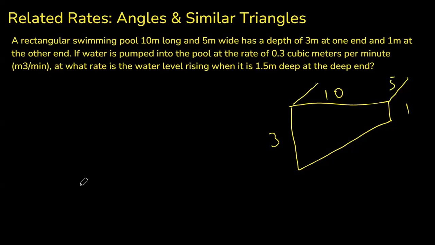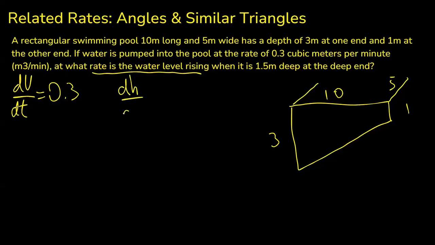If water is pumped into the pool at a rate of 0.3 cubic meters per minute, so that's dV dt, the rate of change of the volume. At what rate is the water level rising? We want to know dH dt when it's 1.5 meters deep at the deep end, so when H is equal to 1.5.